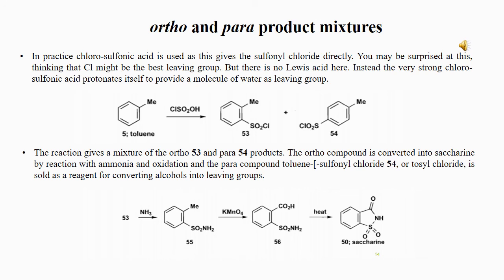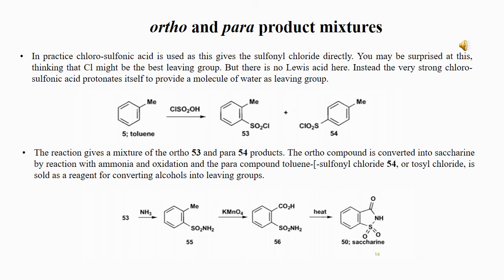So there is no way we can get 53 by this route. The para compound, toluene sulfonyl chloride 54, is common.